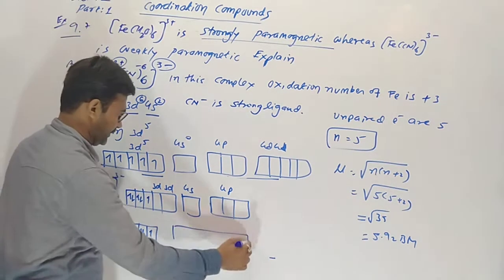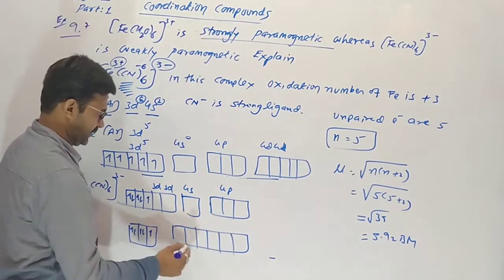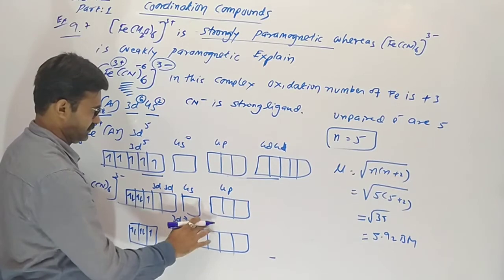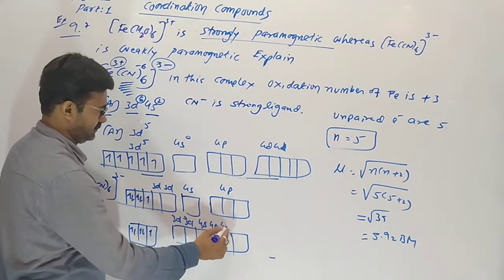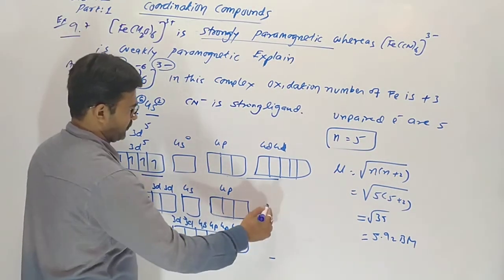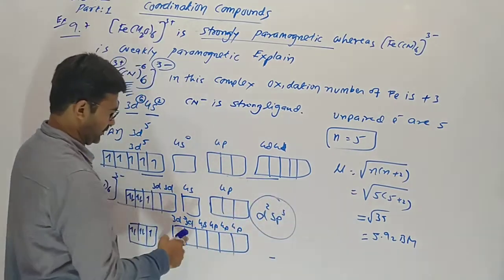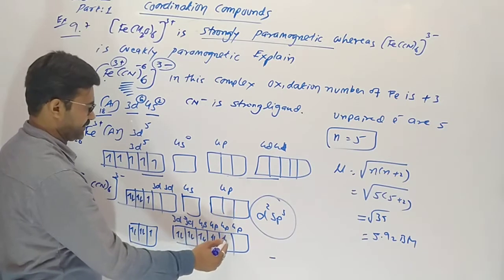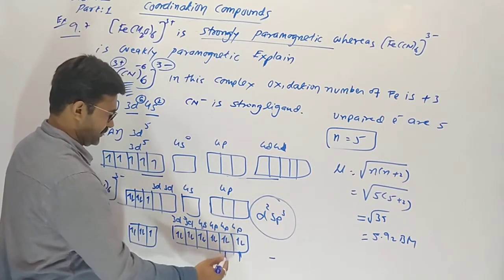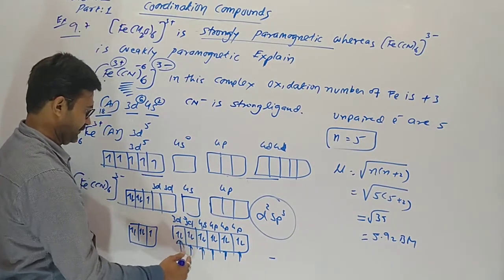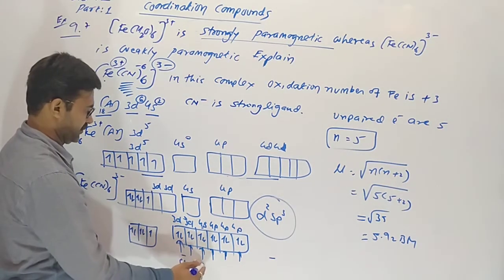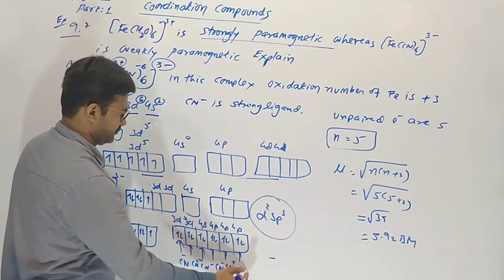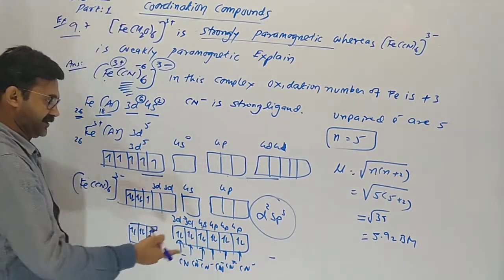So here you can see d2sp3 hybridization occurs. 3d orbitals are used here, and all the 6 hybrid orbitals gain an electron pair from the strong ligand cyanide, and the geometrical shape is octahedral.